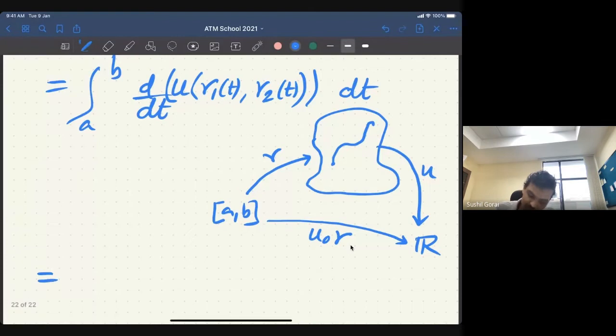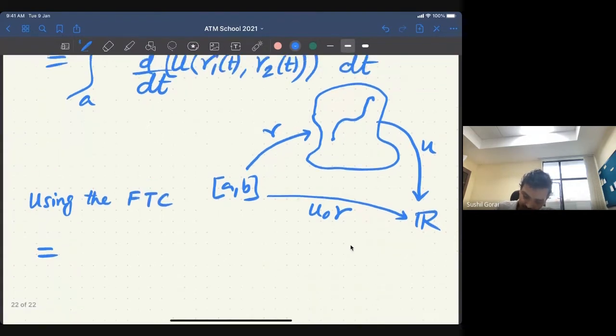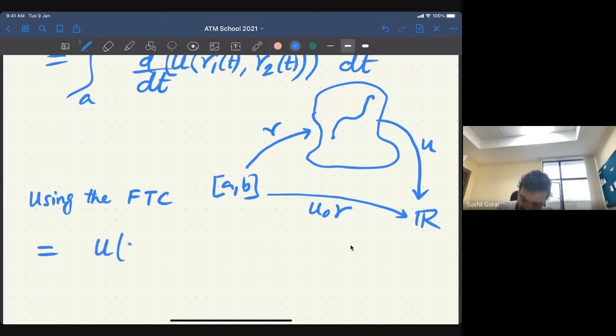So now use the fundamental theorem of calculus. Using the fundamental theorem of calculus, we have u of gamma b minus u of gamma a.